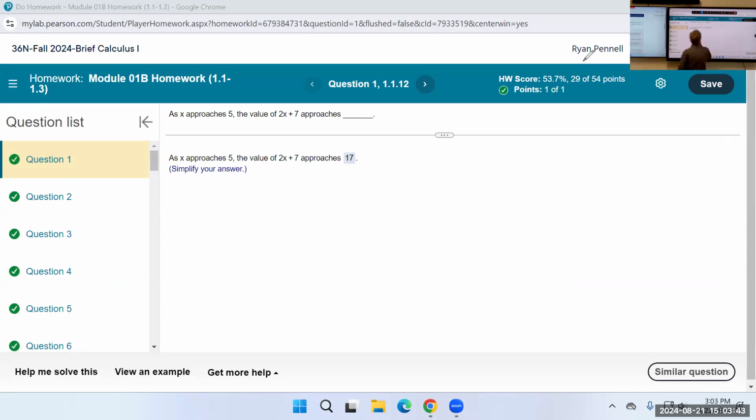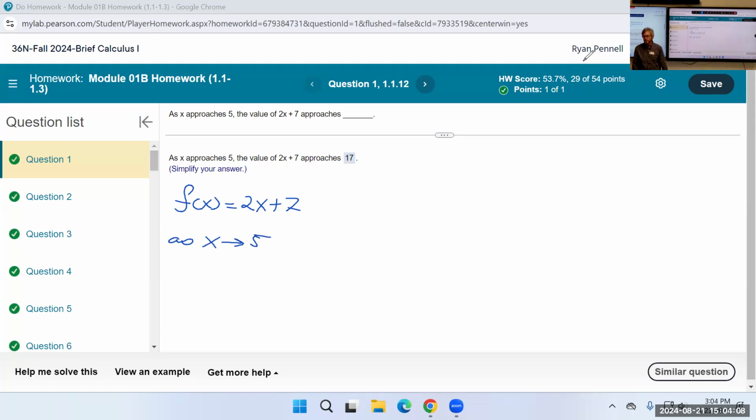What's going on here? There's no phrasing of limit at all, and I kept going on about limits. So this is like f of x equals 2x plus 7, and it's saying if x got really close to 5, what happens? So as x goes to the number 5, what happens?